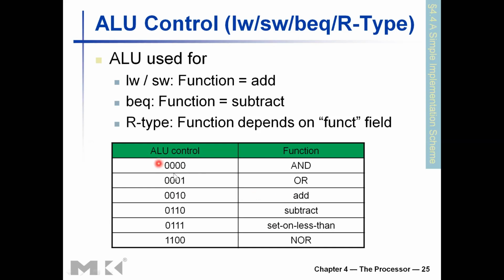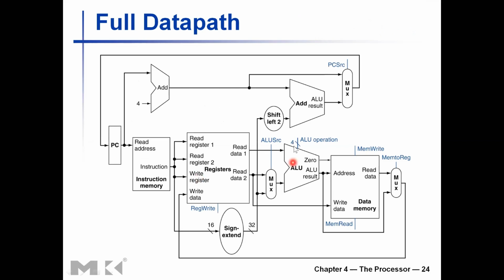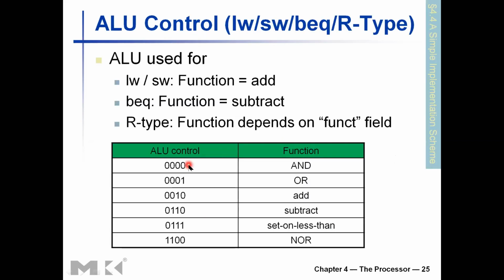With 4 bits in the ALU control signals, if you go back to the previous slide, you can see the ALU operation is decided by the ALU control signal. It is a 4-bit signal. So with 4 bits, you can have 2 to the power 4, that is 16 different operations. But you might not have all those functional units inside the ALU.